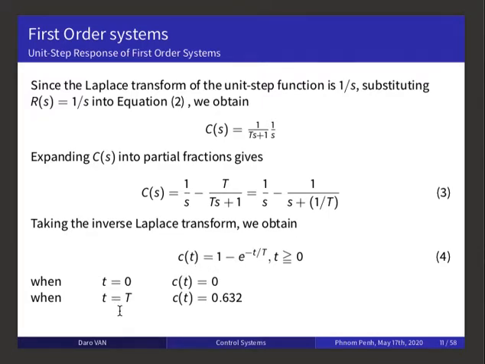When t equals capital T, Ct equals 0.632. So the response Ct reached 63.2% of its total change.